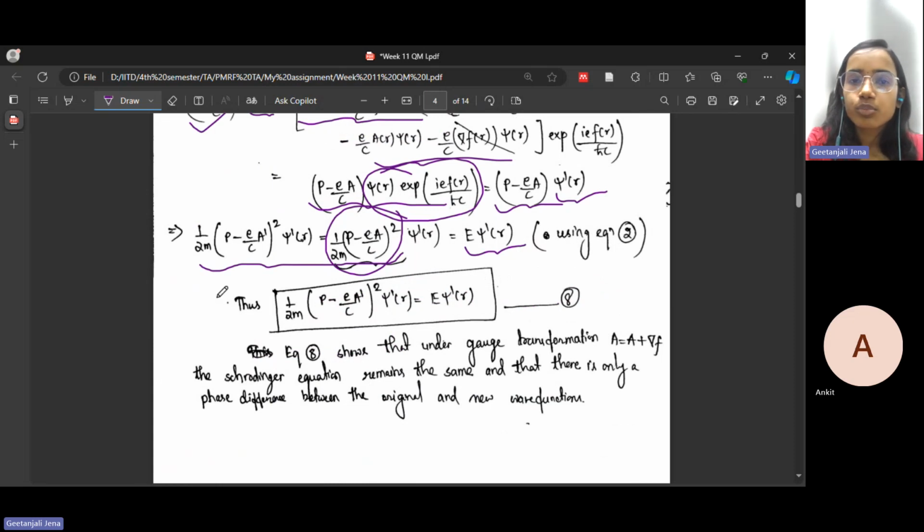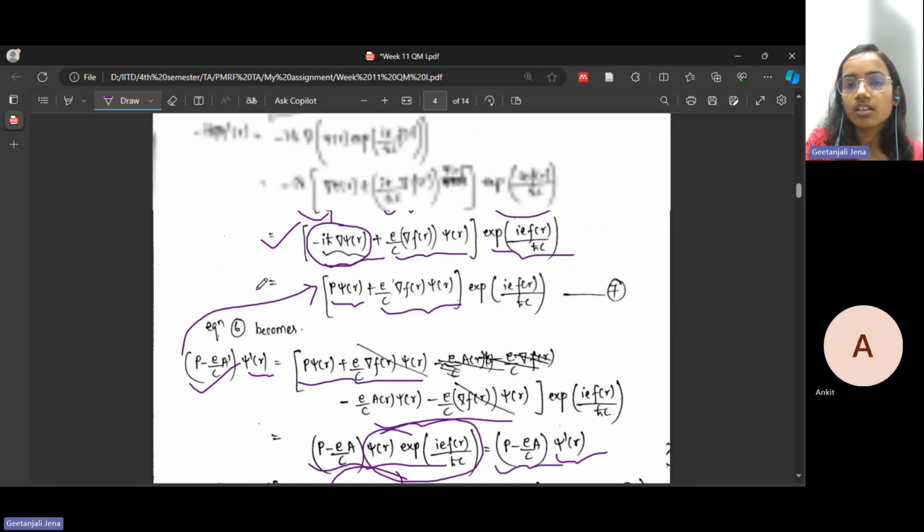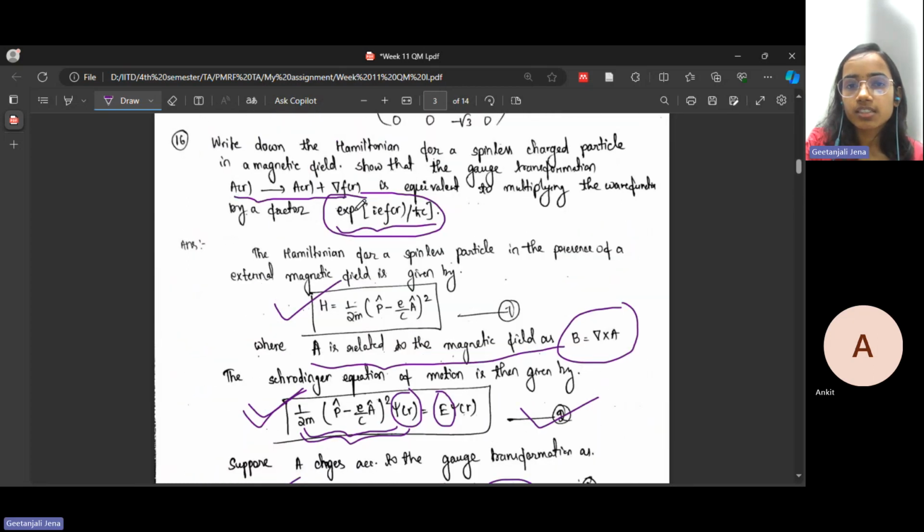So this proves that under the gauge transformation, the wave function gives the same eigenvalue E. So this means that if you take a gauge transformation, the wave function only changes by a factor, which is exponential. Let me show you here. This is exponential i e f r by ħ cot c.